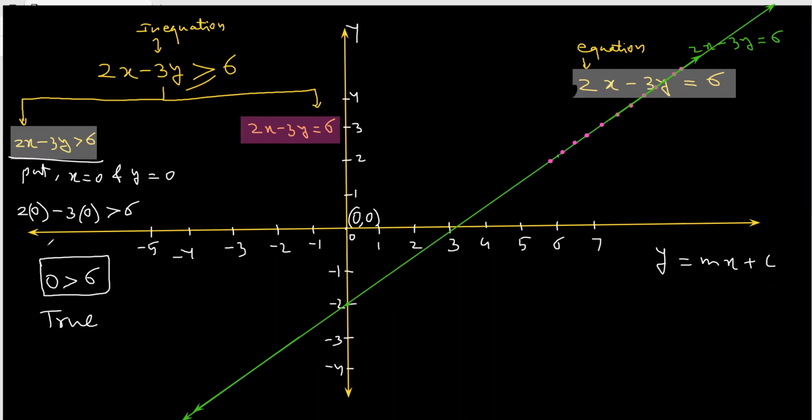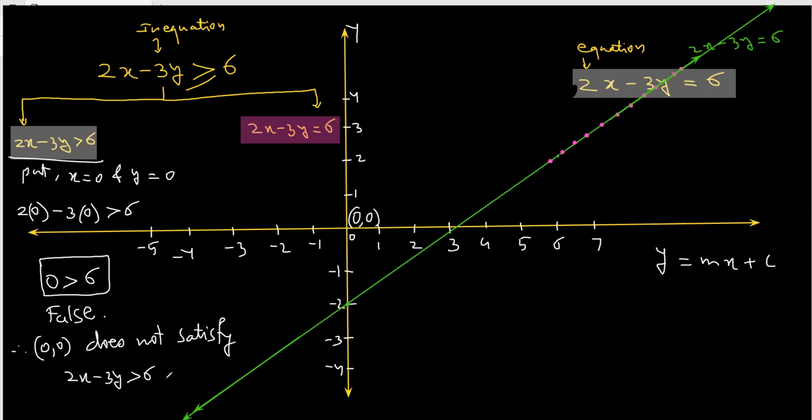So I ask you, is this true? No, this is false. Therefore, 0, 0 does not satisfy 2x minus 3y greater than 6.